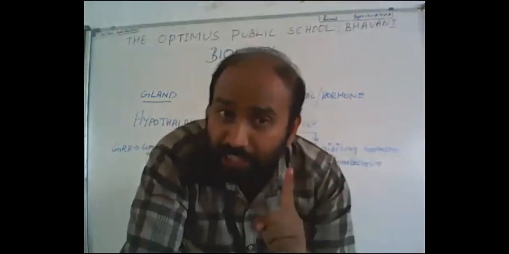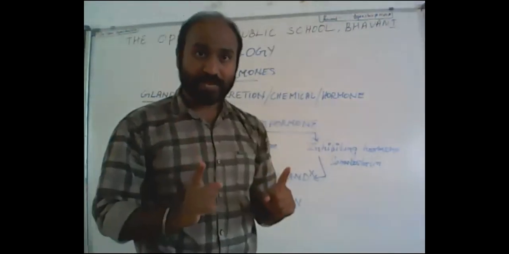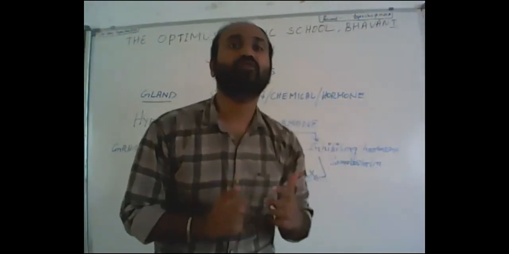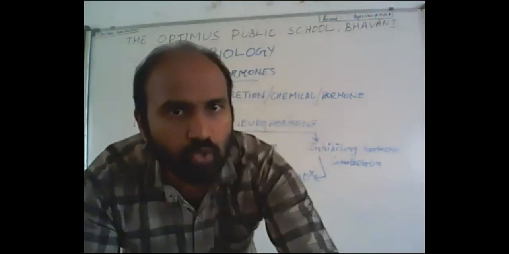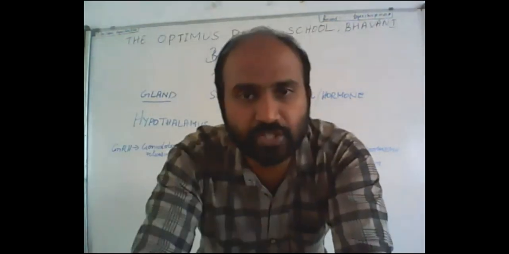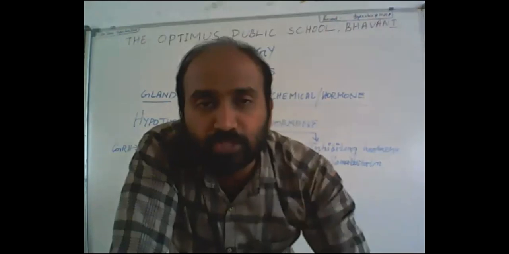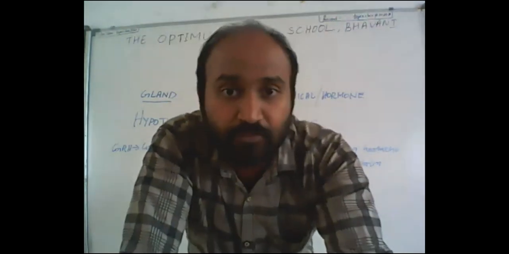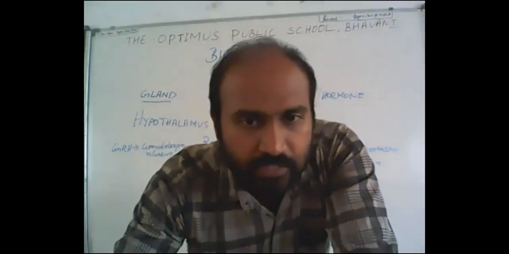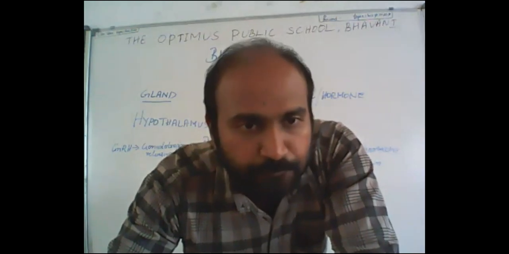The hypothalamus can activate and deactivate the pituitary gland through neural communication also. There's a neural communication running from the hypothalamus to the pituitary gland. I'll share my screen and show you the location.